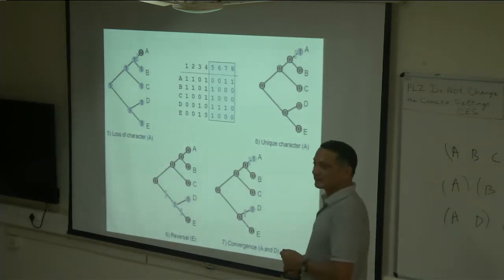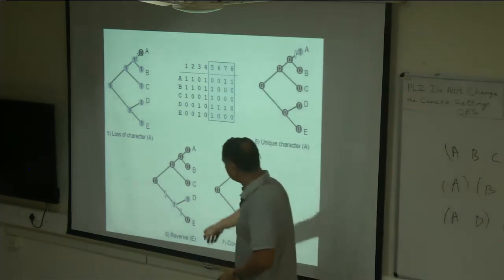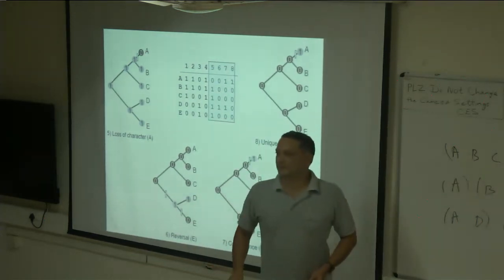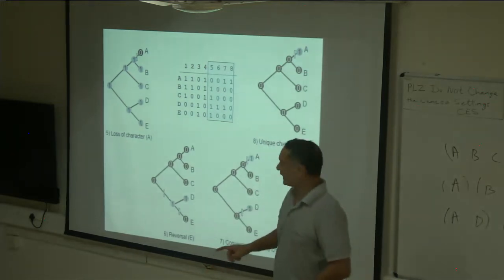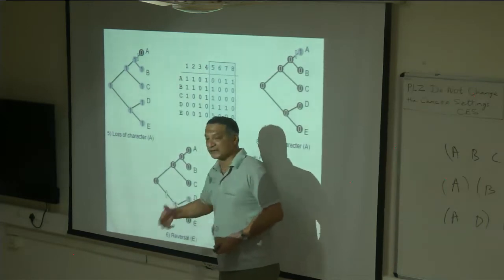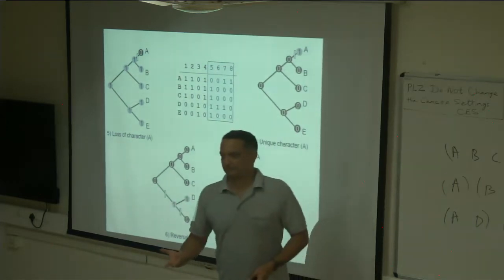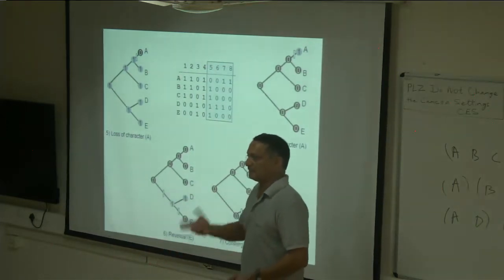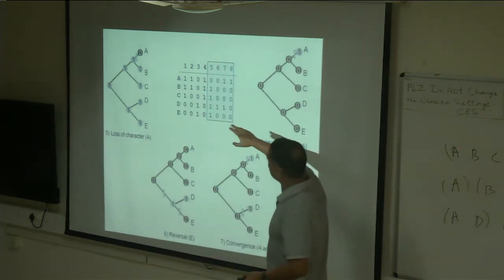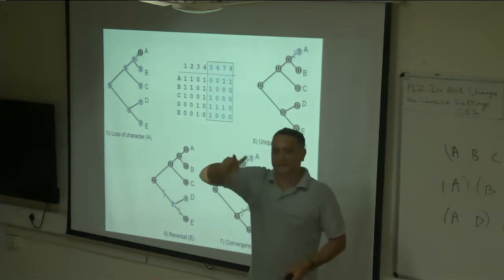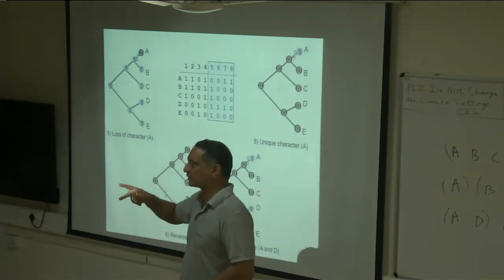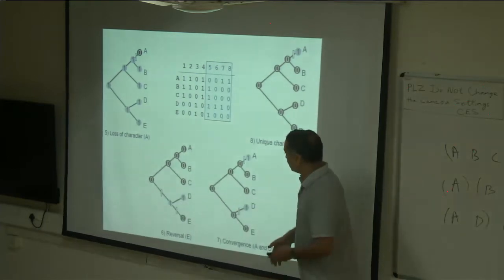So this could also be a unique character that was acquired here. Does that make sense? But I have shown it like so just to illustrate the point that you can also have reversals in the character state. So here there are two states for this character. One state is absence of the character, one state is presence of the character. So 0 and 1, right?